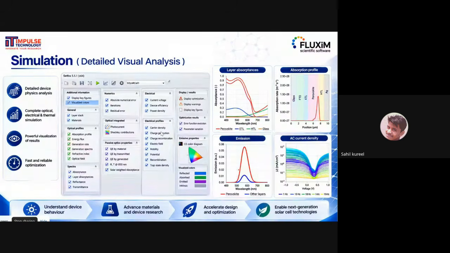Same for scattering modules, emission modules, optimizations. So one by one, you can see each of the tabs and each of the graphs. We have attached some of the graphs in here, like layer absorption, absorption profile, emission, and AC current density. But when you move toward the SETFOS result part, the tabs have given each of the graphs and their results you can see.